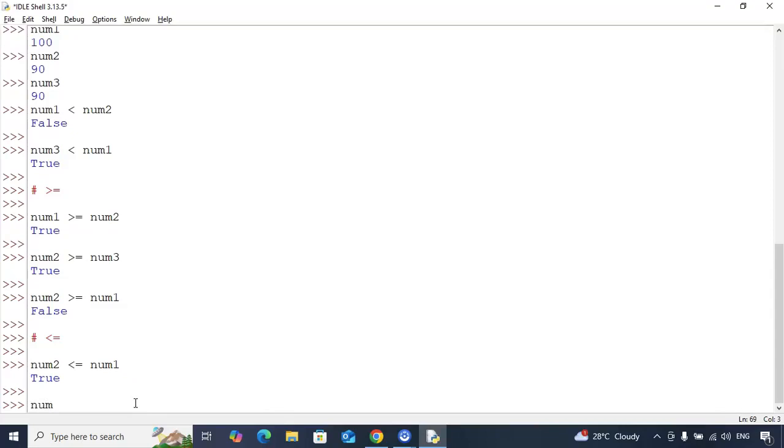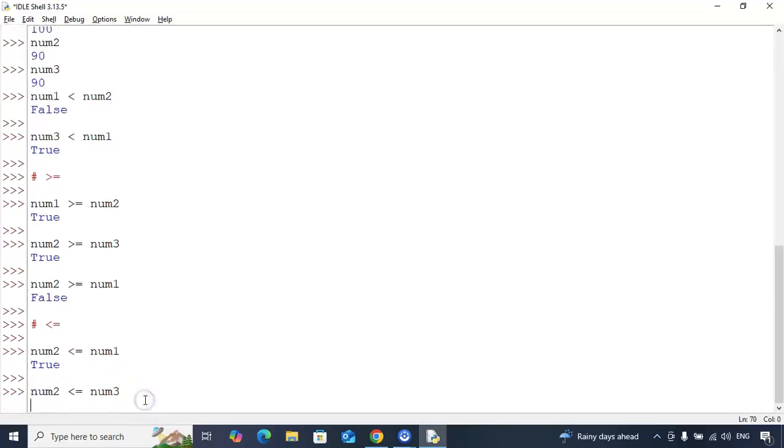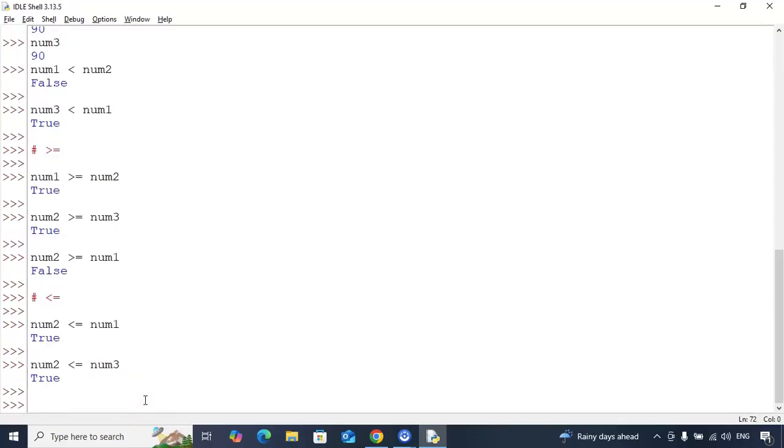Again, if you check num2 less than or equal to num3. Now, is num2 less than num3? No. But is it equal to num3? Yes. So one of the conditions is true in the comparison, so you'll get a true here. Only when the left side value is greater than the right side value, you get a false.